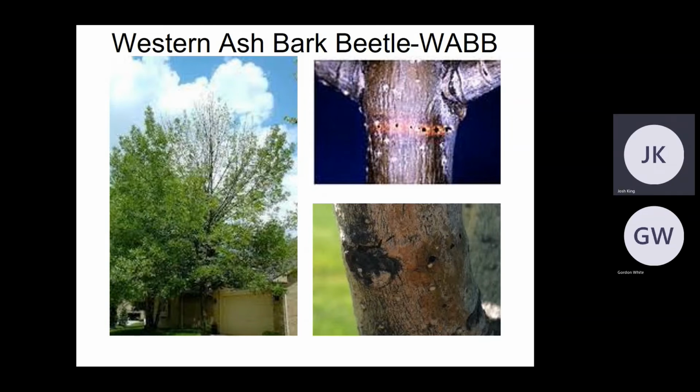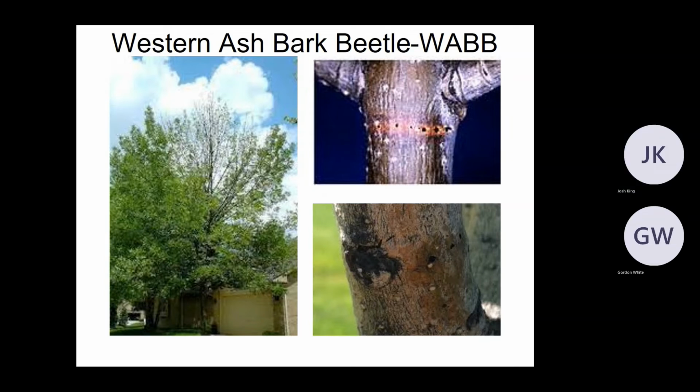So what we want to do is prune. This is one where, if the tree's healthy and growing, we're likely putting on more growth than we are removing. But it's important to inspect regularly.